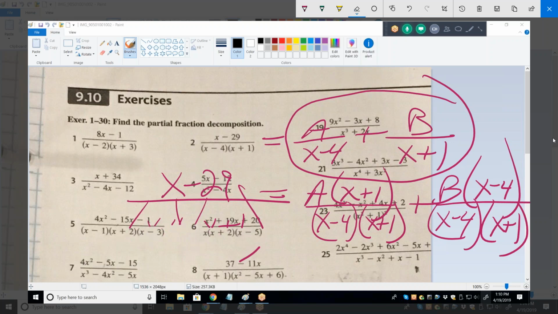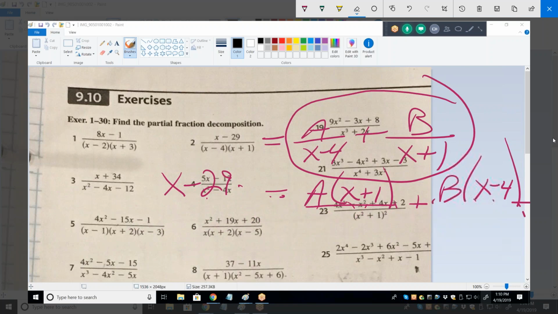What we have is x plus 29 equals A times (x plus 1) plus B times (x minus 4). Now, some of these are easy, such that you can make up values for x that will let you solve for B, and you can make up values for x that will let you solve for A. They're not all like this, but this is an easy one. So give me an x value.